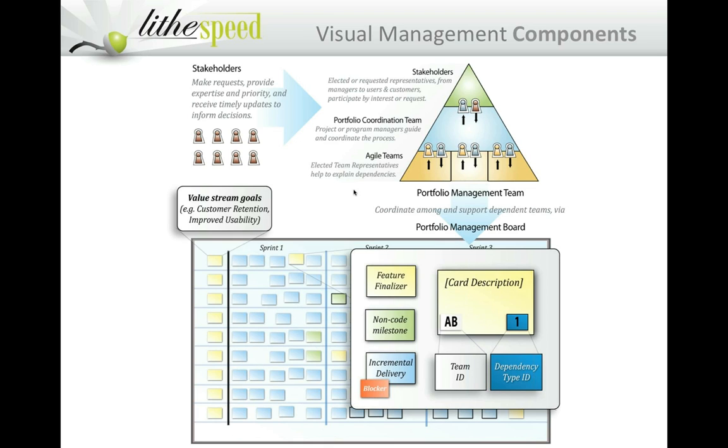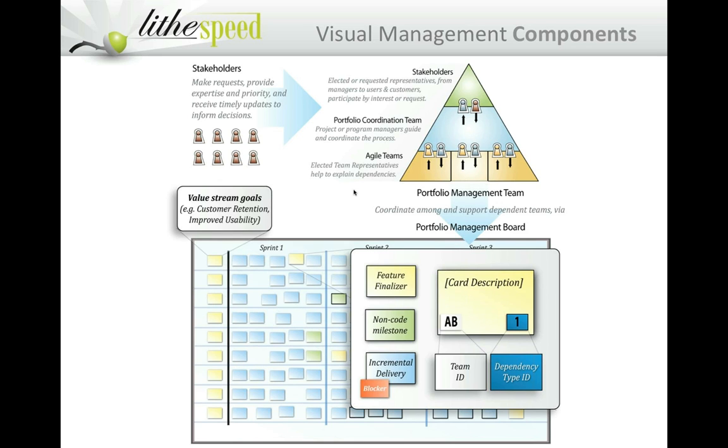The people who tend to manage the upper level of the teams, if you will. And then there's, of course, the Agile teams themselves, and specifically representatives that they provide at various points in time to give insight into the specifics of technical dependencies. So you have all these people, and they're meeting, let's say, every week or two. It's going to depend on how many dependencies you have and how much is happening, but something along those lines.